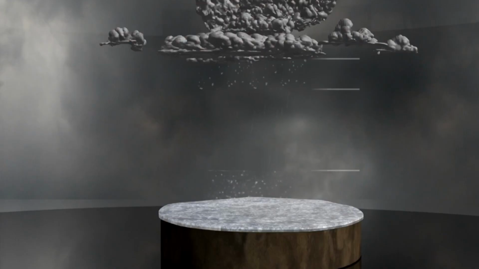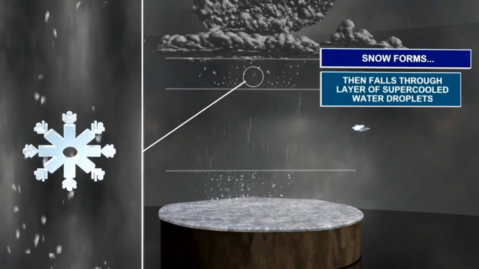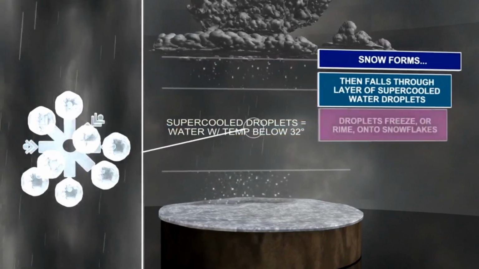If we move on to a different type of precipitation, this is one that we often confuse with hail, and so I'll touch on this one first. This is called graupel, and graupel is a frosty kind of snow. What happens is snow forms and falls through a layer of supercold water droplets.